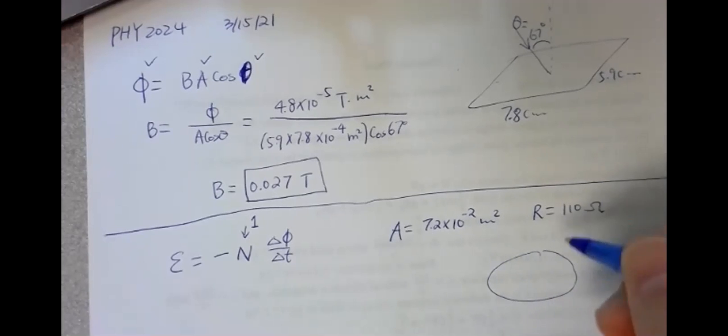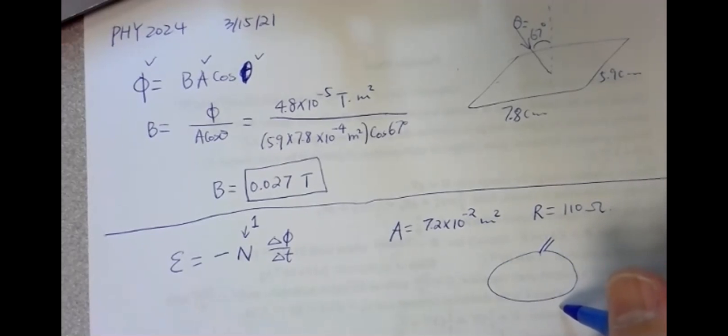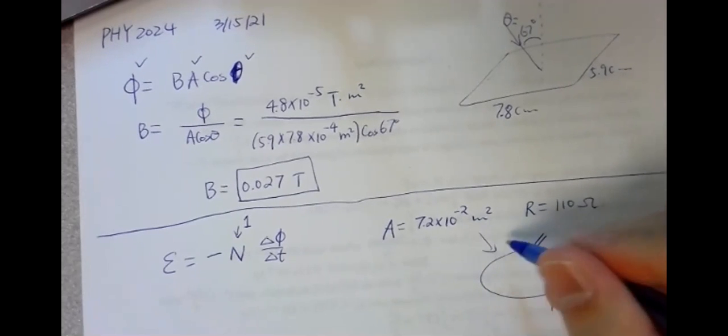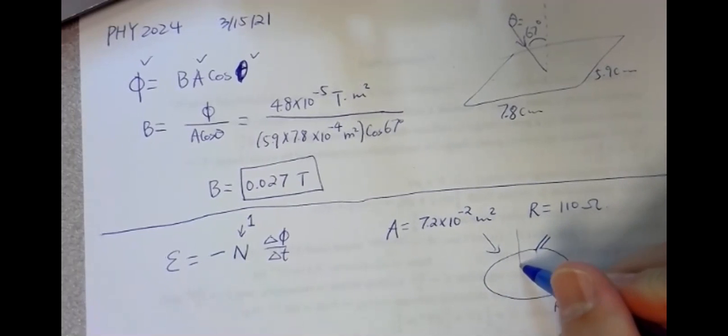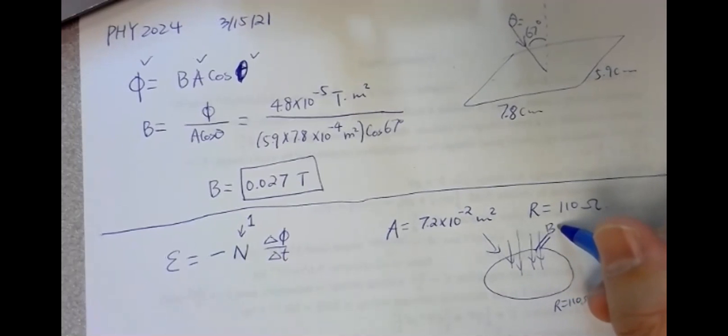Okay, so perpendicular to the loop, you can see there's the loop here. Itself has, you can say, two terminals out of this loop. Itself has a resistance of 110, and the area is given. Okay, so it says perpendicular to this loop, there's a B field. The B field is given, all right, 0.88 Tesla.